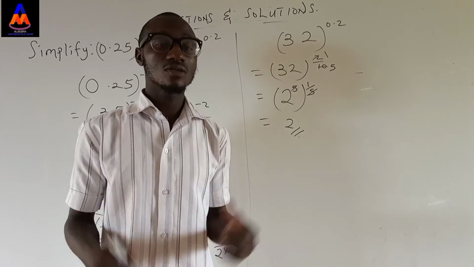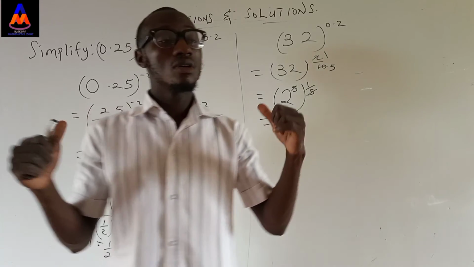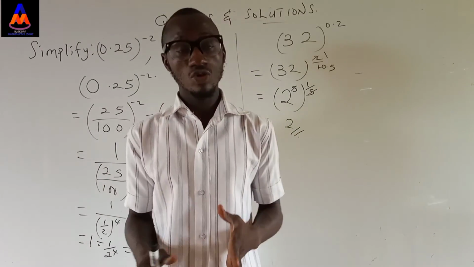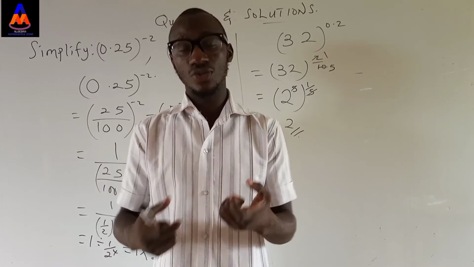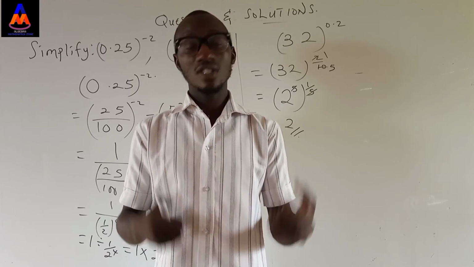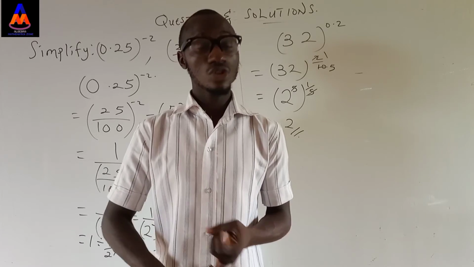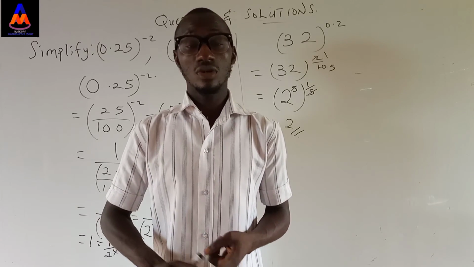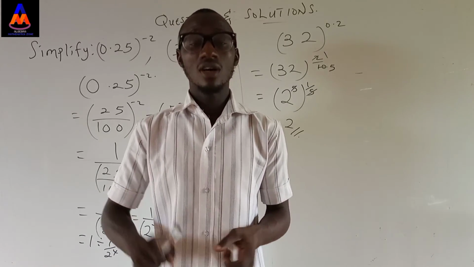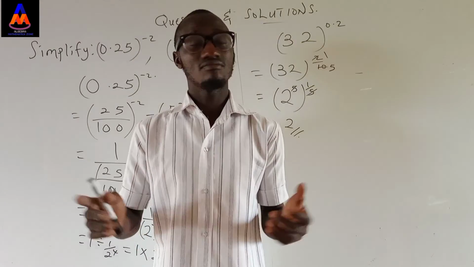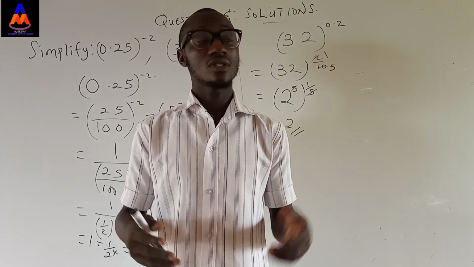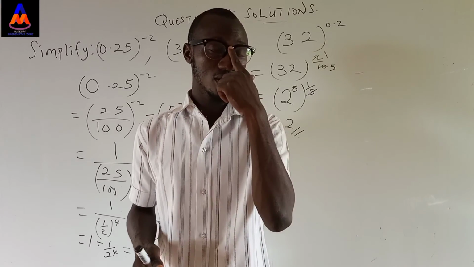The only way to get yourself well firmed in this particular topic is for you to go back to the rules that we have talked about since the beginning of this lecture. We talked about the multiplication rule, the division rule, the power rule, the root power, zero index. Then finally, we talked about the negative index and the fractional index.